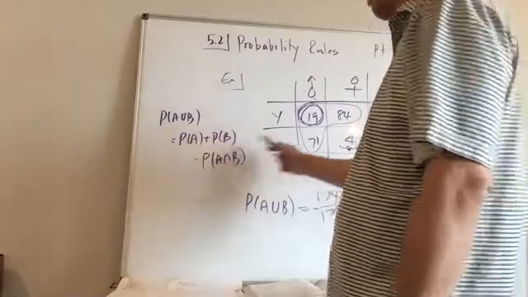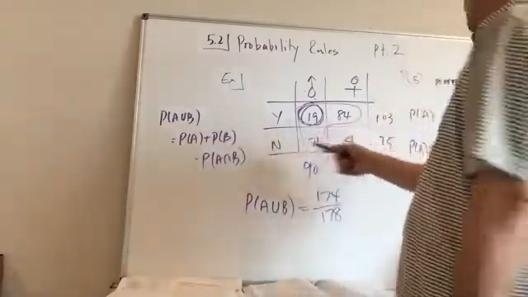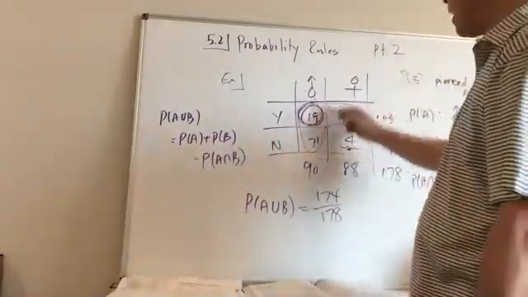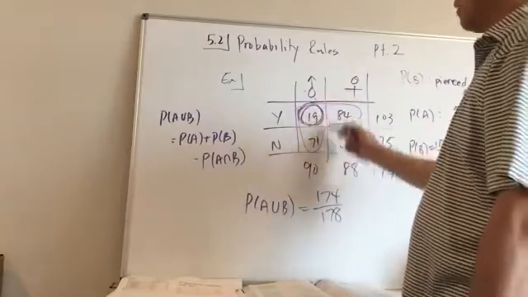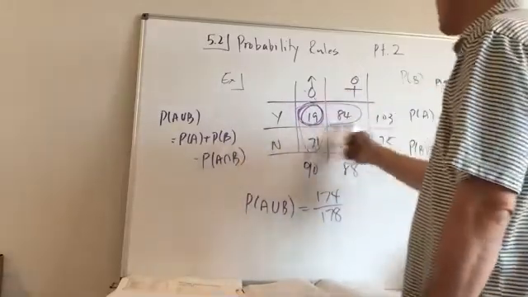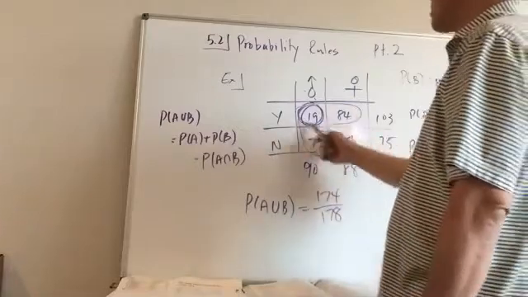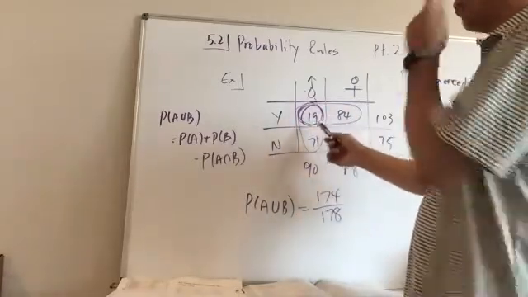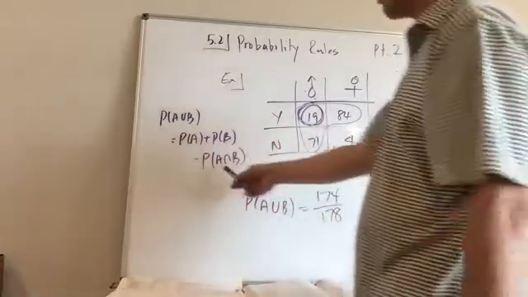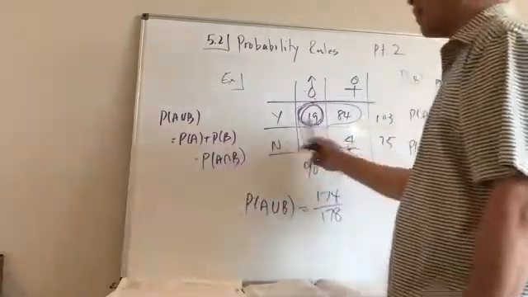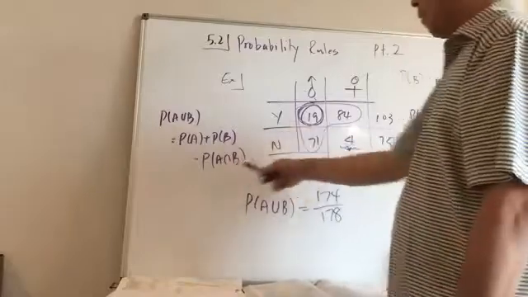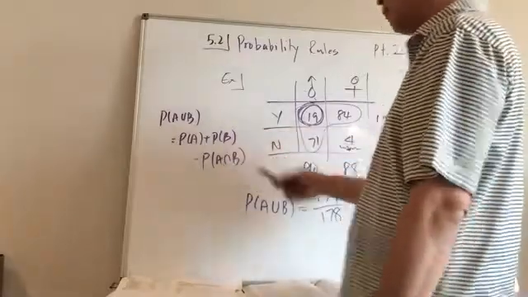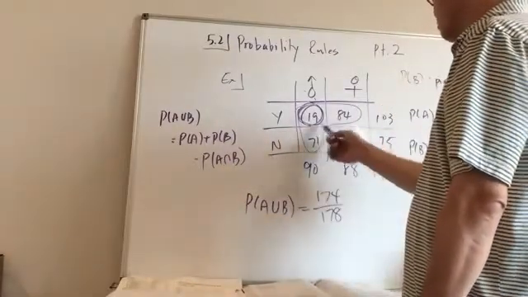Why? If I add the P(A), which is all the males, I'm adding this, right? And then I add the P(B), which is this. The problem is that I double counted the 19, right? So in order to take care of that, I have to subtract the 19 that I double counted, which is the P(A and B), right?